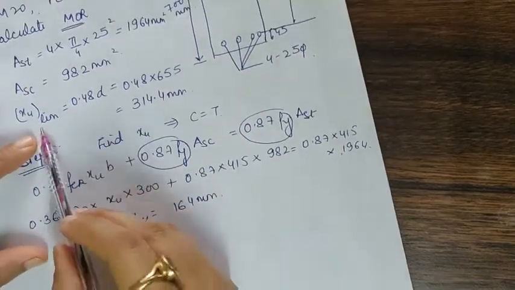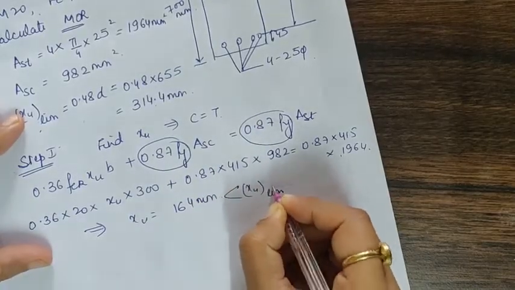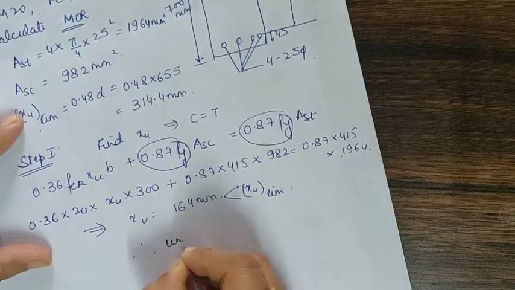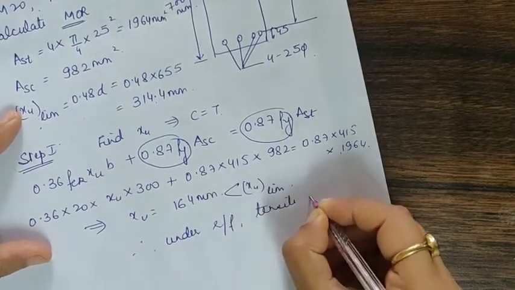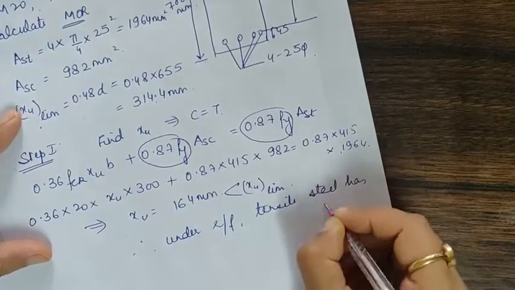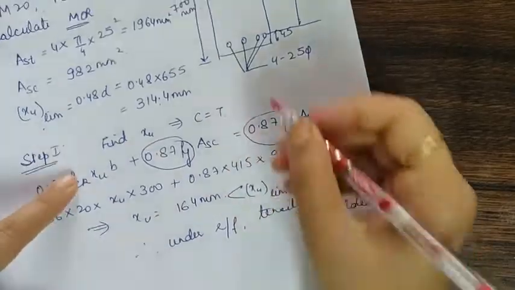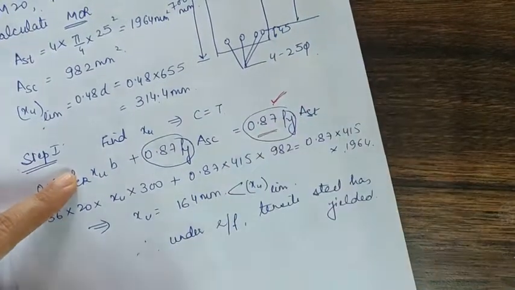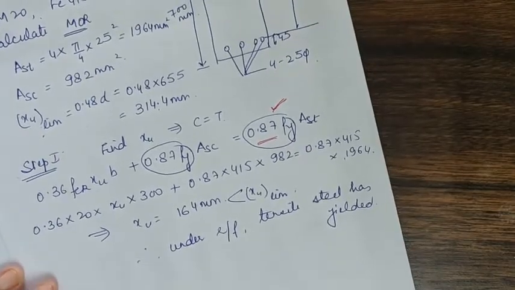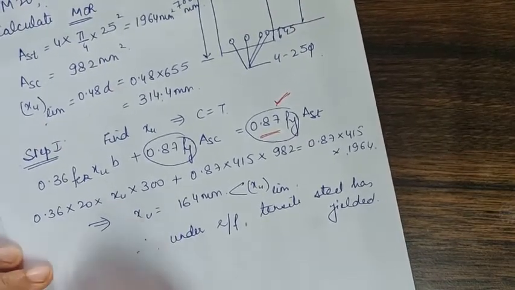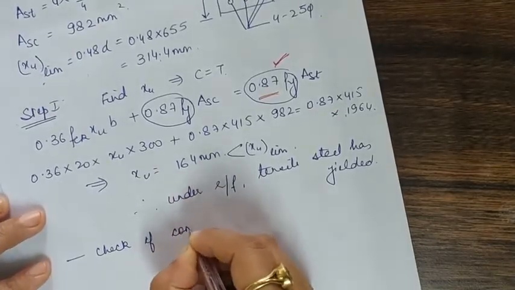Compare this value with XU limiting. This is less than XU limiting. So therefore the section is under reinforced and the tensile steel has yielded. That is, the assumption that on the right hand side I have taken 0.87 Fy is correct. Now I'll have to check if compression steel has yielded.